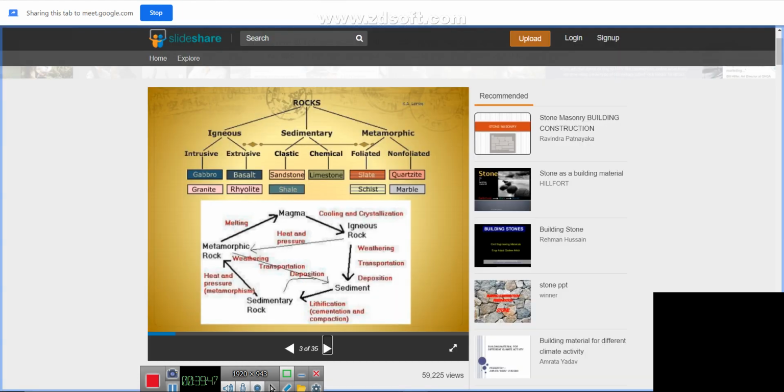So now stone is a building material and we are classifying the stones. There are different criteria for classification of stones. The first criterion is based on its origin.